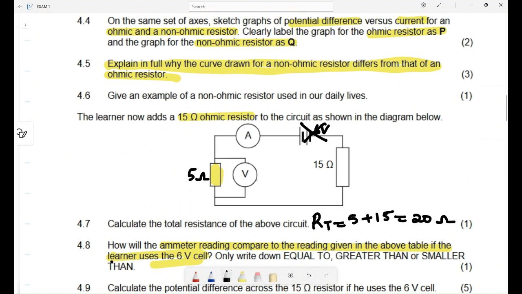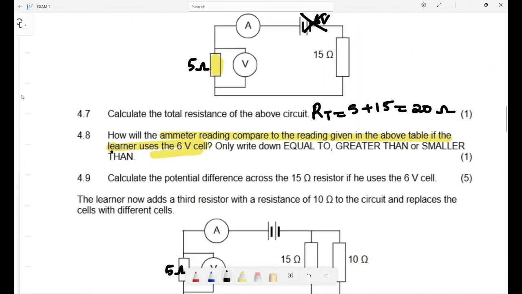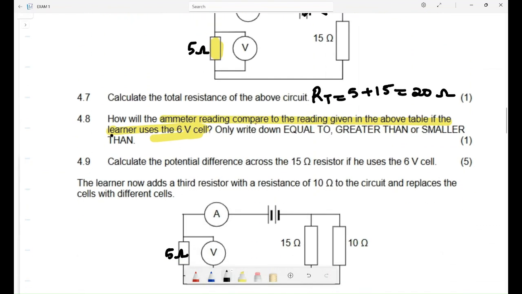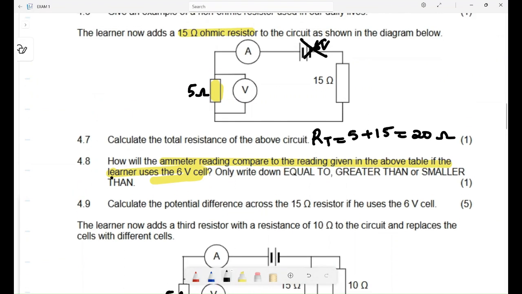Instead of using this V, we use this 6 volts here. How will it affect the current? The current will do what?